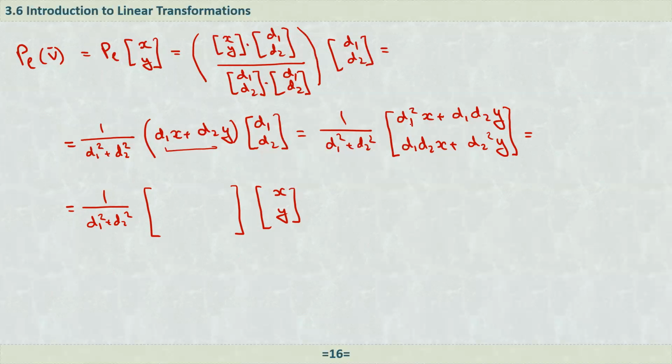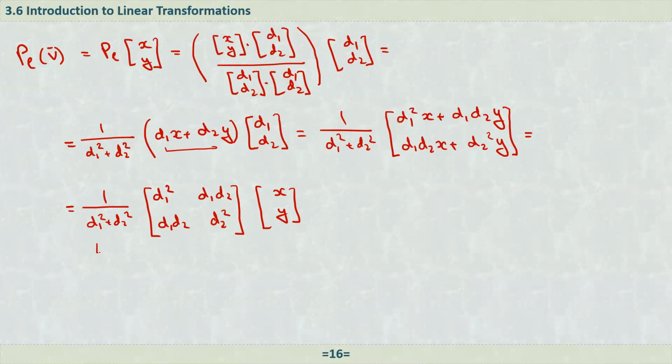The matrix has d1 squared, d1 d2 in the first row, and d1 d2, d2 squared in the second row. If we multiply this matrix by the vector, x times this plus y times this gives us the first component, and d1 d2 x plus d2 squared y gives us the second component.